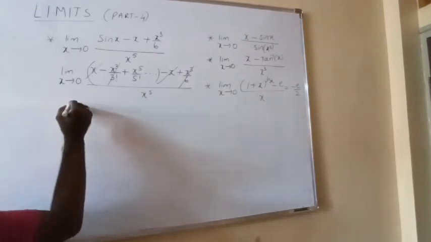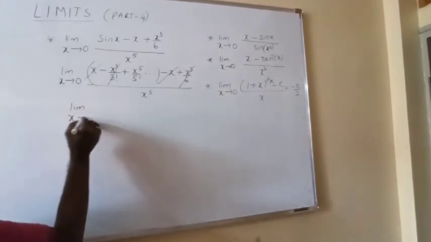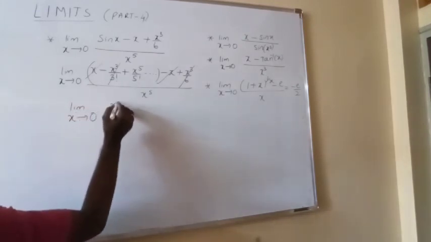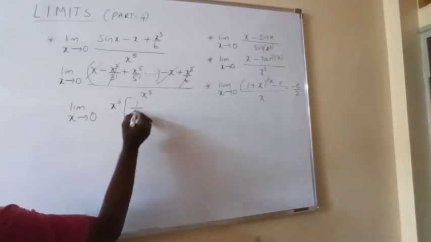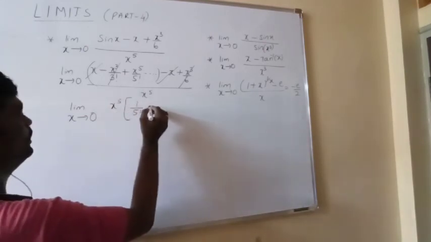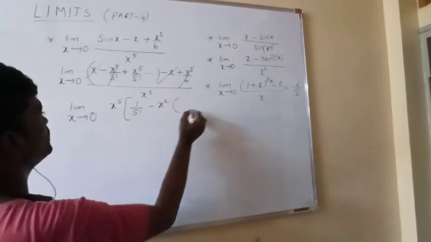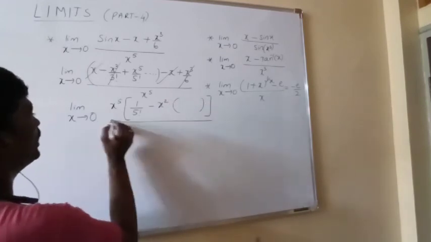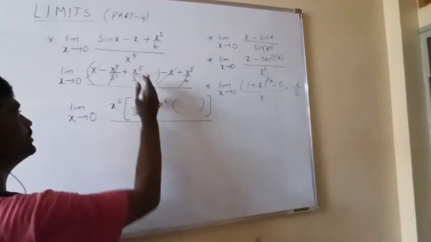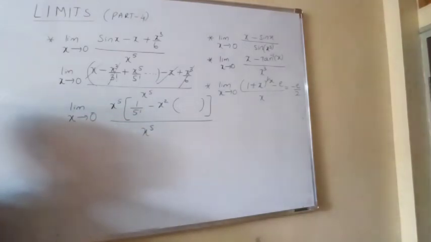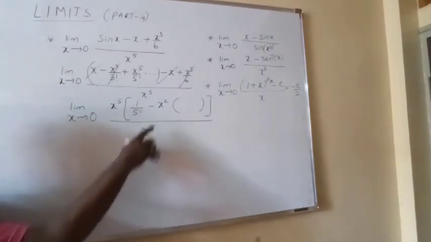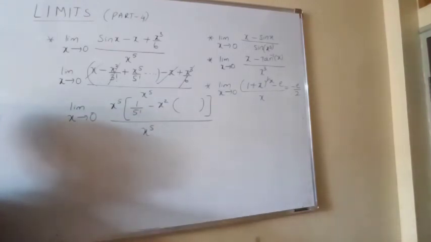That means in the numerator and denominator, if you take x power 5 common, then what you will get? 1 by 5 factorial, next minus x square into something divided by x power 5. Because the next term is x power 7 by 7 factorial, after taking x power 5 common you get x square, next x power 4.